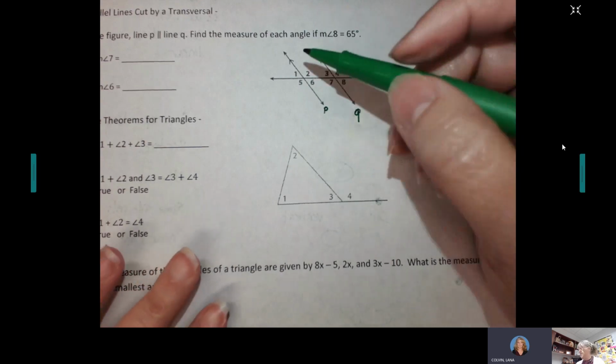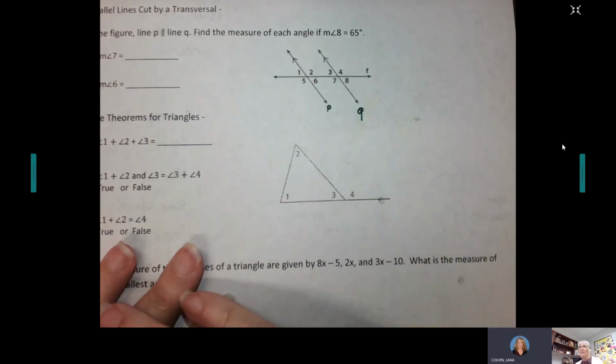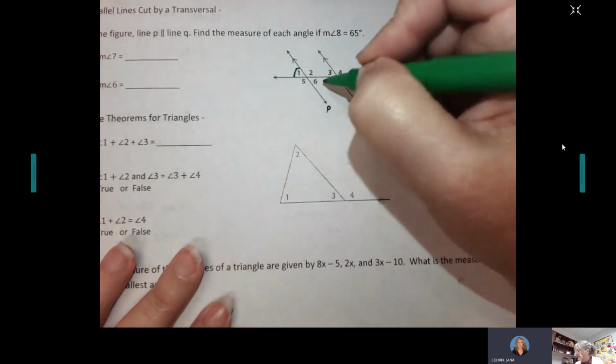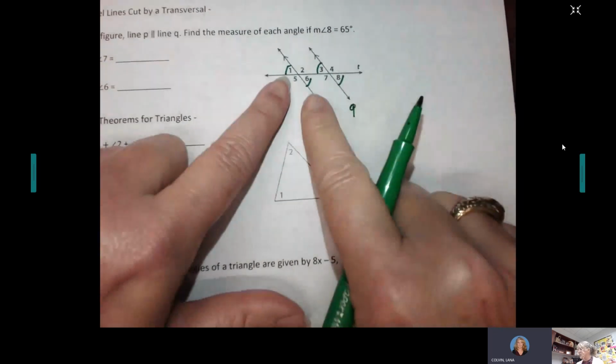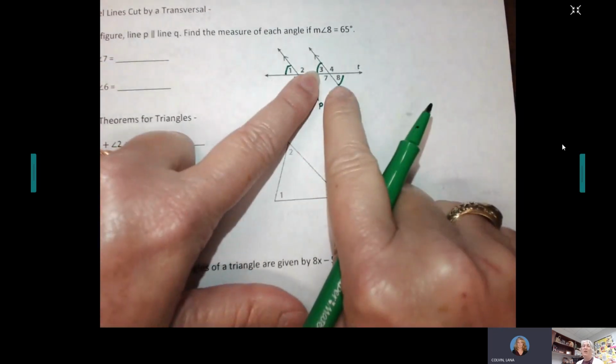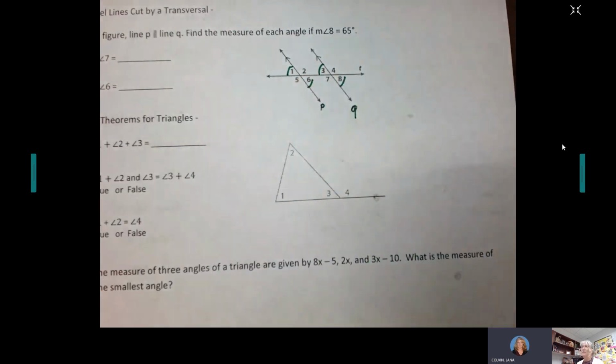Yes, good. Top to bottom. So here's what I know. 1, 6, 3, and 8 are all equal to each other. 2, 5, 4, and 7 are also equal to each other. Okay?